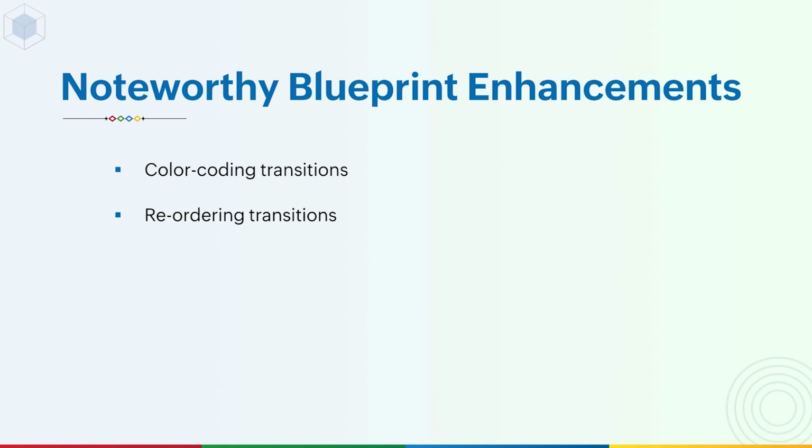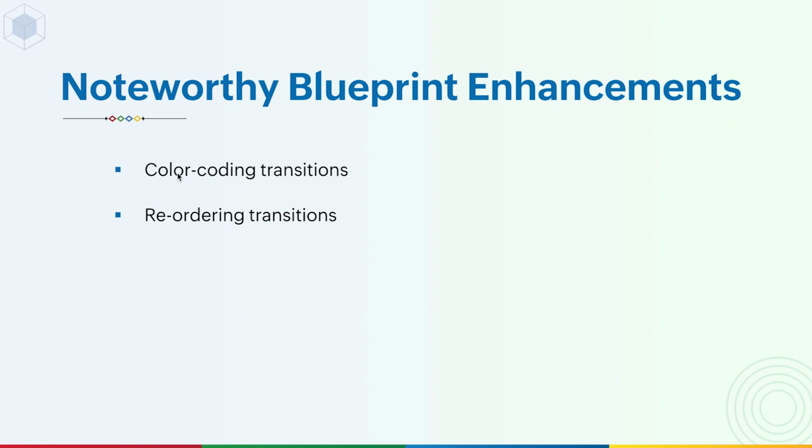Initial agreement is the ideal scenario, and the other two aren't so much. Blueprint now provides color coding options to assign particular colors to transitions. This helps indicate transitions based on whether they are positive or negative, whether it's a best case scenario or worst case scenario, or based on any other internal color coding scheme based on the process stages.